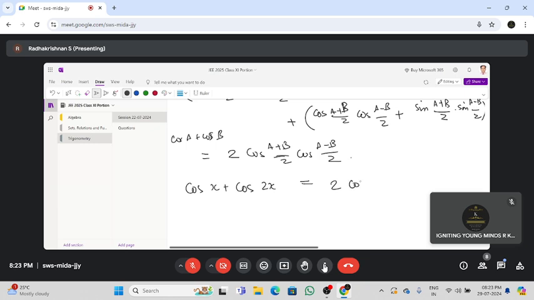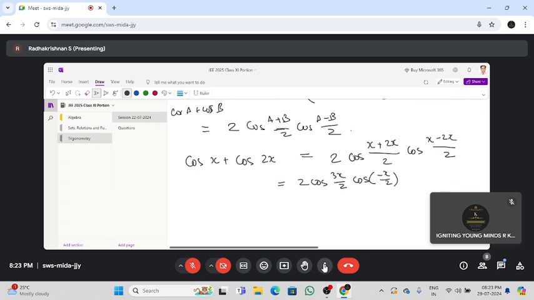That's all. So this becomes 2 cos 3x by 2 cos minus x by 2. But cos minus x is equal to cos x.